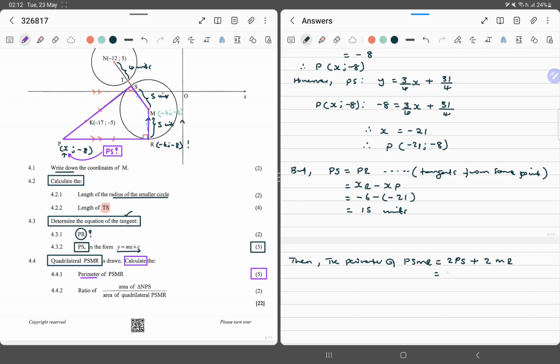Easy. So we've got 2 into 15 plus 2 into 5. Sorry, that is 30 plus 10, which is 40 units, right? So we've got 40 units. So that would be the perimeter.